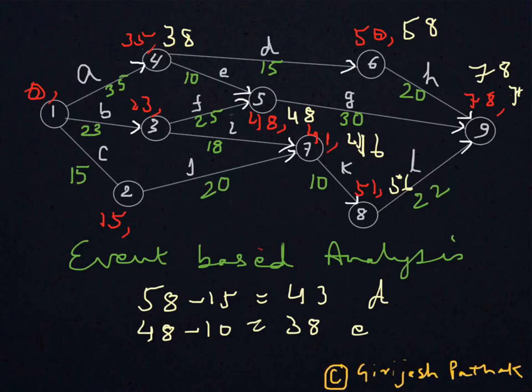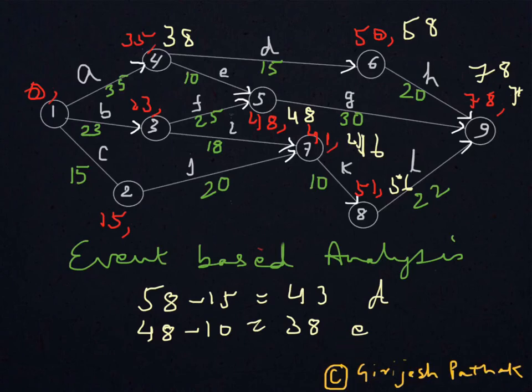For latest time calculation you are doing the other way, you are doing backward calculation, and you are checking at that node how many arrows are starting. If you have more than one, in this case you have 2, so you calculate from both the sides, that is from D side as well as E side, and then you take the lowest value, that is we have taken 38, not 43.